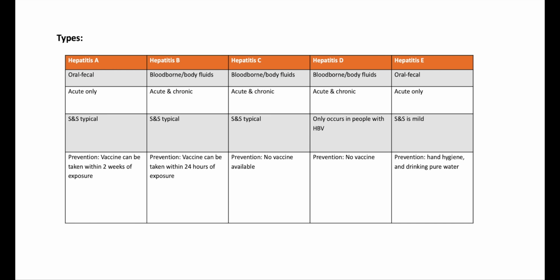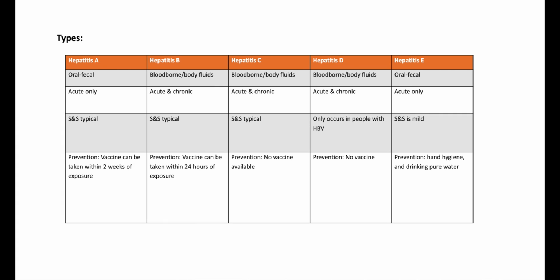Hepatitis E is the same as hepatitis A. It can be transmitted through oral or fecal routes. It's acute only. The signs and symptoms are mild. Prevention: currently there is no vaccine in the US, but it can be prevented through hand hygiene and drinking pure water.